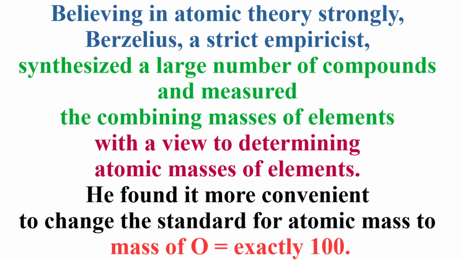The motivating force for this came from his strong belief in the atomic hypothesis and a deep desire to determine the atomic masses of elements. During this task, he found it convenient to use the very reactive oxygen as the standard and assumed its atomic mass to be exactly 100.